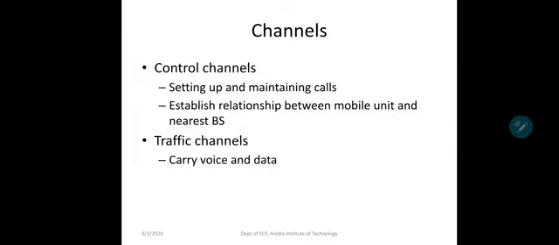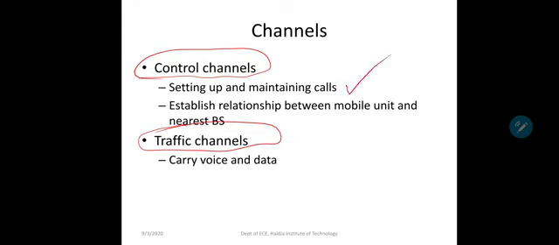Now each cell, as I told you, and I am repeating again, has a set of allowed channels, and these channels are divided into two broad categories: the control channel and the traffic channel. The control channel is basically responsible for setting up and maintaining calls, and it establishes the relation between the mobile unit and the nearest BSC or base station.